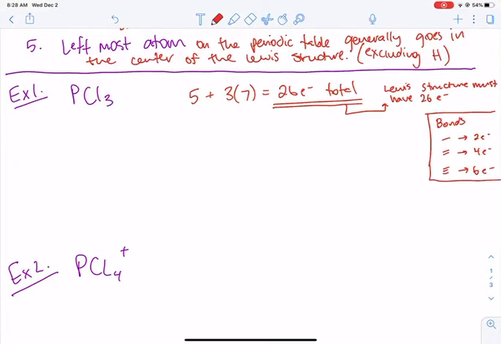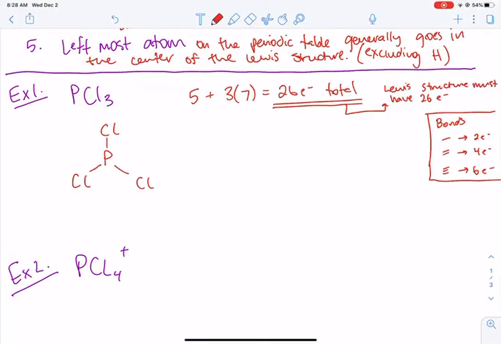You can also have lone pairs of electrons, but let's go ahead and draw this and see. So phosphorus is to the left of chlorine, so we're going to put it in the center. And then we'll just simply put our chlorines around it. Now, the easiest thing you can do, the first step, is to just simply connect everything. Just do it like that.